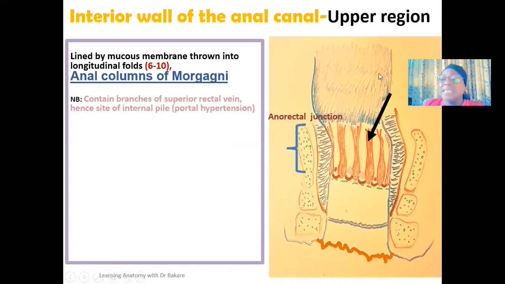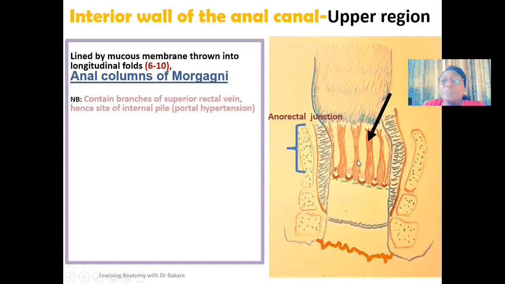Within the anal columns of Morgagni, we have branches of the superior rectal vein. We know that the superior rectal vein drains the superior part of the anal canal into the portal venous system. So when we have portal hypertension, there's going to be enlargement of this vein because the branches of the superior rectal vein are contained within these folds.